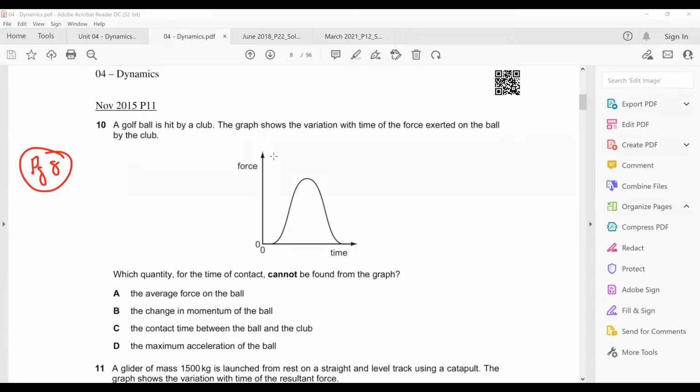You have a golf ball that's hit by a club. We're looking at question 10. The graph shows the variation in time of the force exerted on the ball by the club. Which quantity for the time of contact cannot be found from the graph?